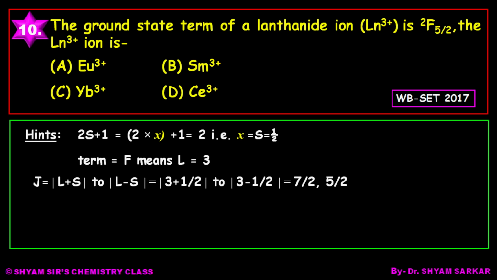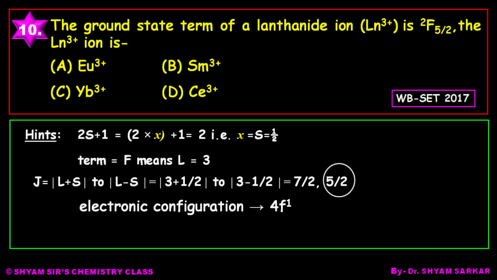S equal to half means a single electron. A single electron means the electronic configuration will be f1, and f1 corresponds to the cerium ion. So option D is the right answer here, and the lanthanide will be the cerium 3+ ion. So in this way you can do the back calculation and you will get the correct answer. This is not tough, this is very easy. Okay, so let's see the next question.